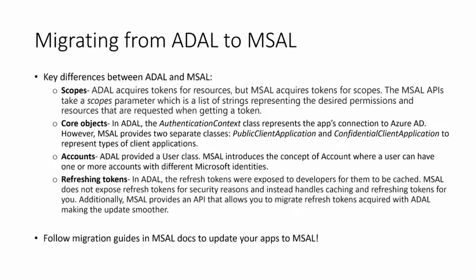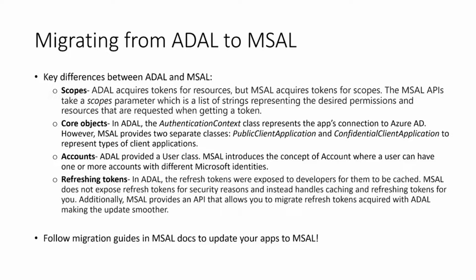One of the key differences is the use of scopes. ADAL acquired tokens for resources. Most of the ADAL APIs had the notion of a resource where you just provide the resource ID to get the tokens for that resource. But MSAL provides you the concept of scopes, and it acquires tokens for scopes.